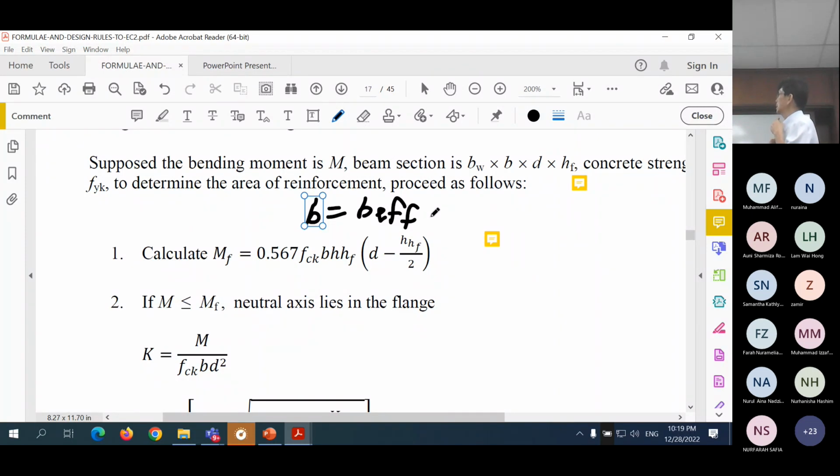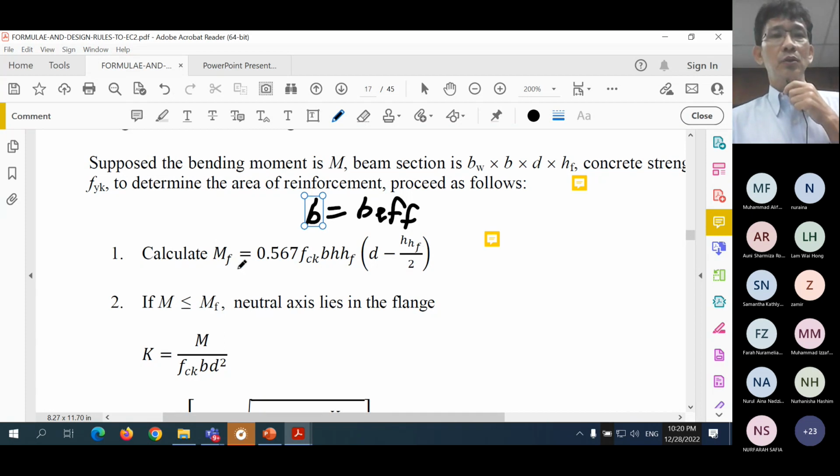So in this section of the design formula book, the symbol used is B. Okay? And there's a mistake here, so I repeat: 0.567 FCK BHF multiplied with D minus HF over 2. HF is the thickness of the flange, which is the thickness of the slab itself.